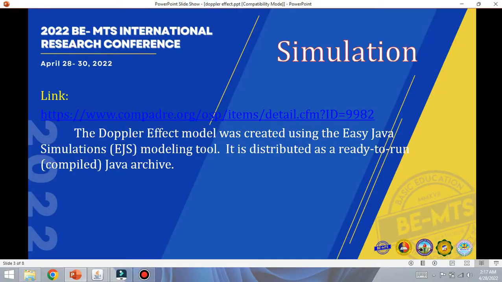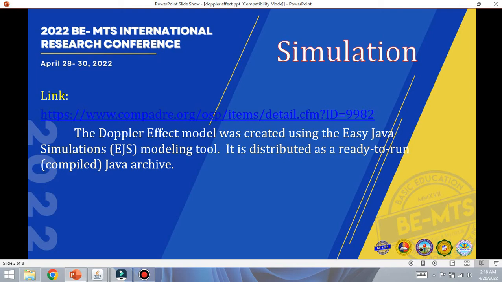The computer interactive simulation on Doppler effect can be downloaded from this link. Just copy this link, open it in any web browser, and download the computer simulation. This simulation, or the Doppler effect model, was created using the Easy Java Simulations or EJS modeling tool, and it is distributed as a ready to run compiled Java archive.